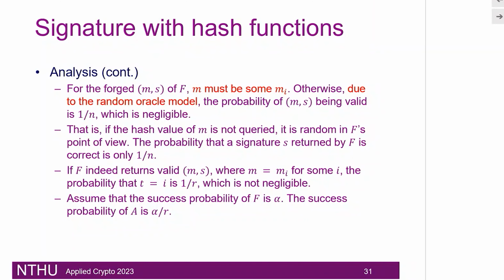We have a lot of possibilities, so how could he guess not only the signature but also the output of the hash function? That would look very odd. We hope that M should have been queried with the hash function, and then later he would be able to provide that signature. If that is not the case, then there's a probability of 1 over n that M could be valid and the hash function is exactly what we were expecting.